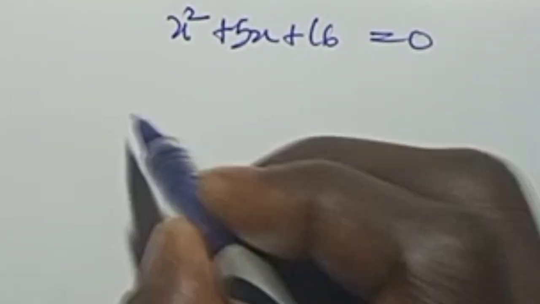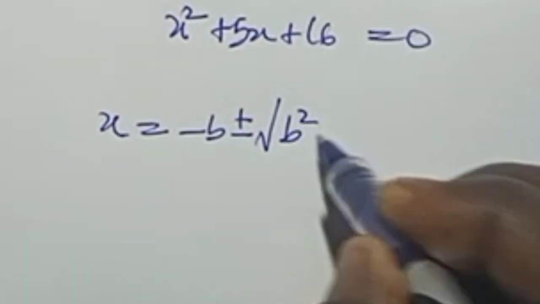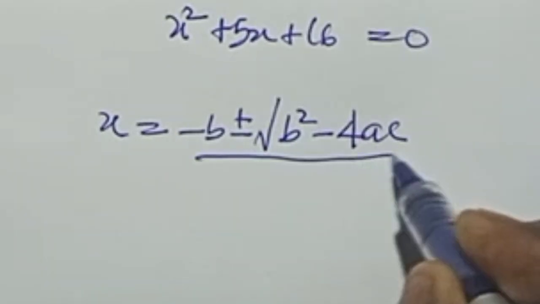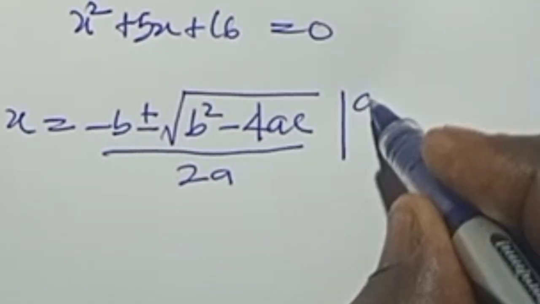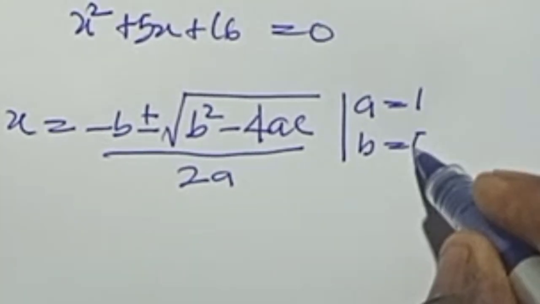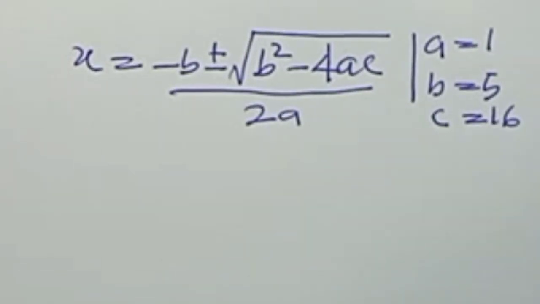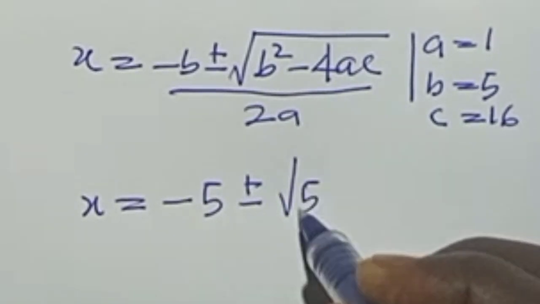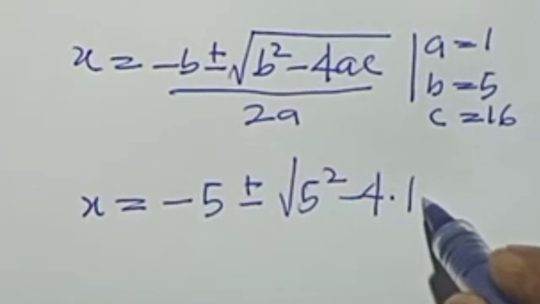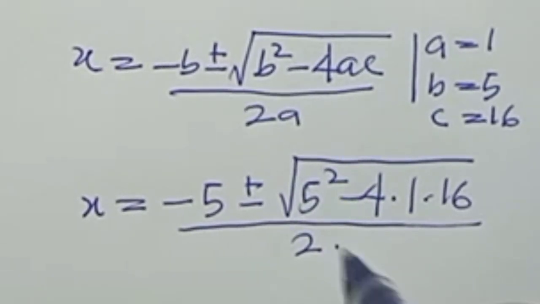So using the quadratic formula, x is given to be minus b plus or minus the square root of b squared minus 4ac, all over 2a. And from here, a is 1, b is 5, and c is 16. So if we put in our values, x therefore will be equal to minus 5 plus or minus the square root of 5 squared minus 4 times 1 times 16, all over 2 times 1.